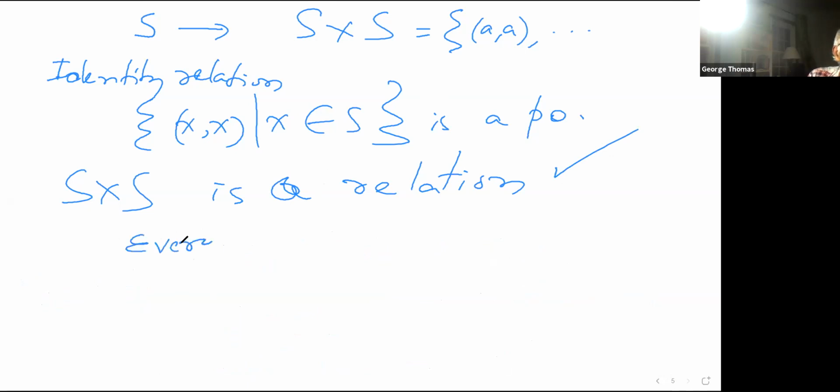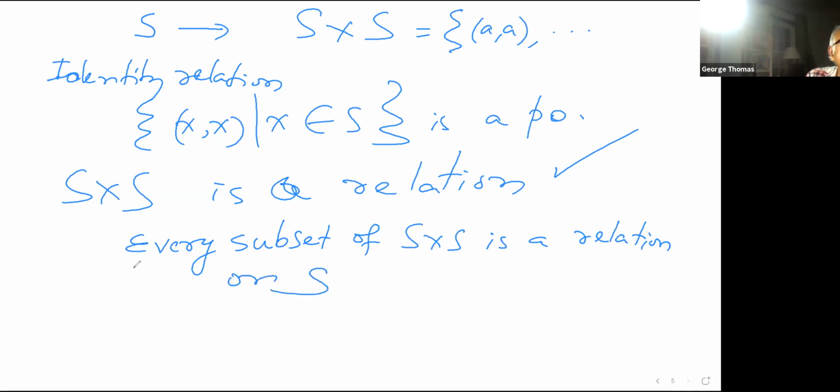I'm writing again. What am I saying? Every subset of S cross S is a relation on S. Take this as the definition of a relation. This will be in the notes, guys, okay?